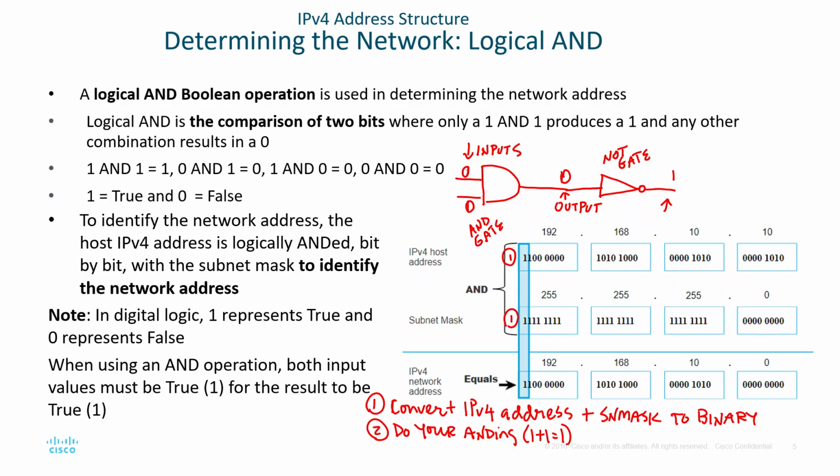Thirdly, you take your result of your ANDing in binary and convert it back to decimal.